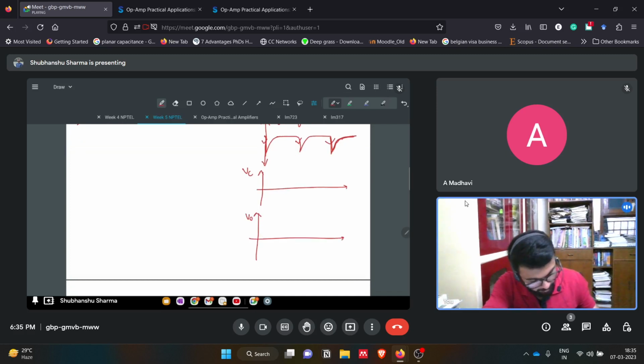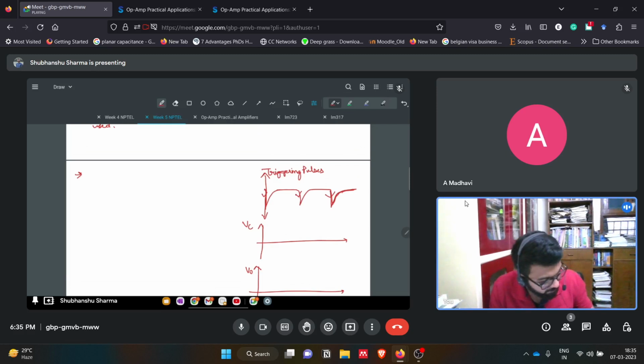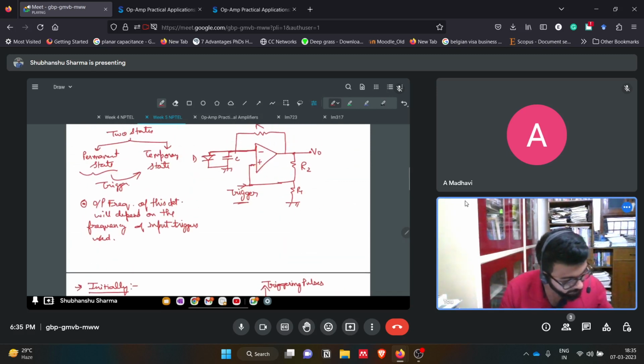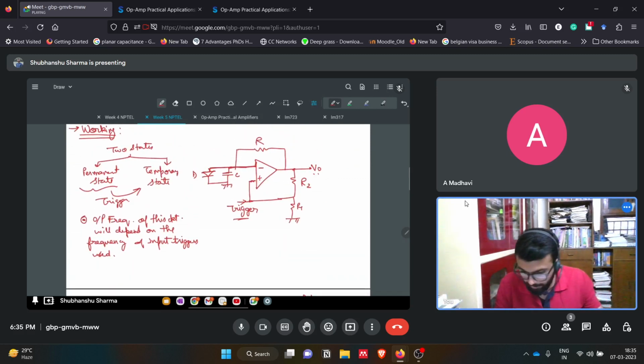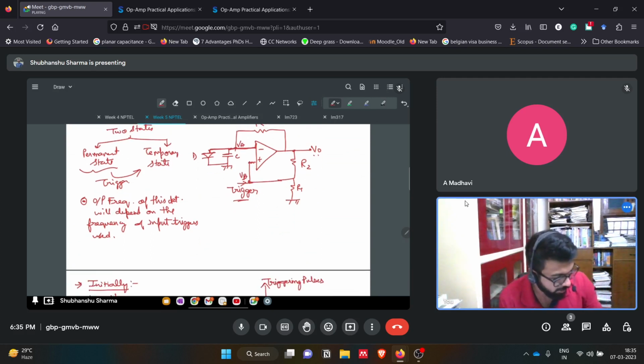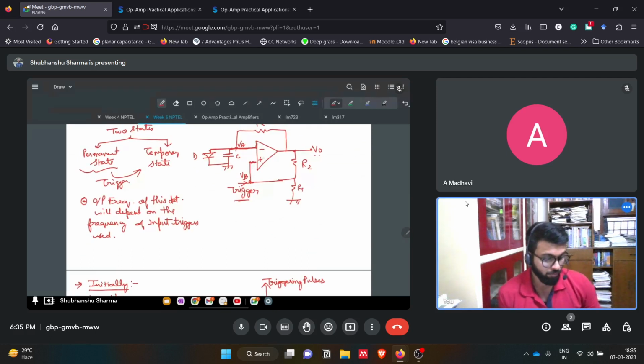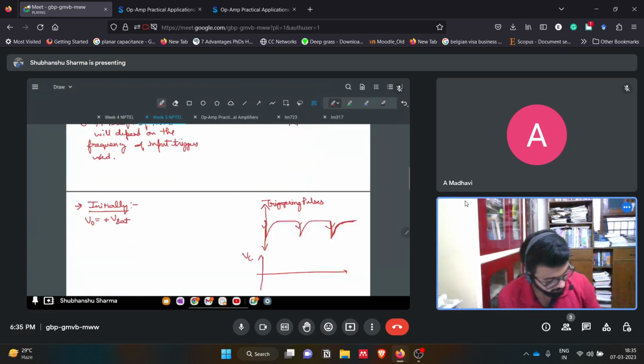So now again we are assuming something initially. Let's say initially the output of the op amp, V naught, is plus Vsat. We are assuming the inverting terminal side voltage is Va, and the non-inverting terminal side voltage of the op amp is Vb.